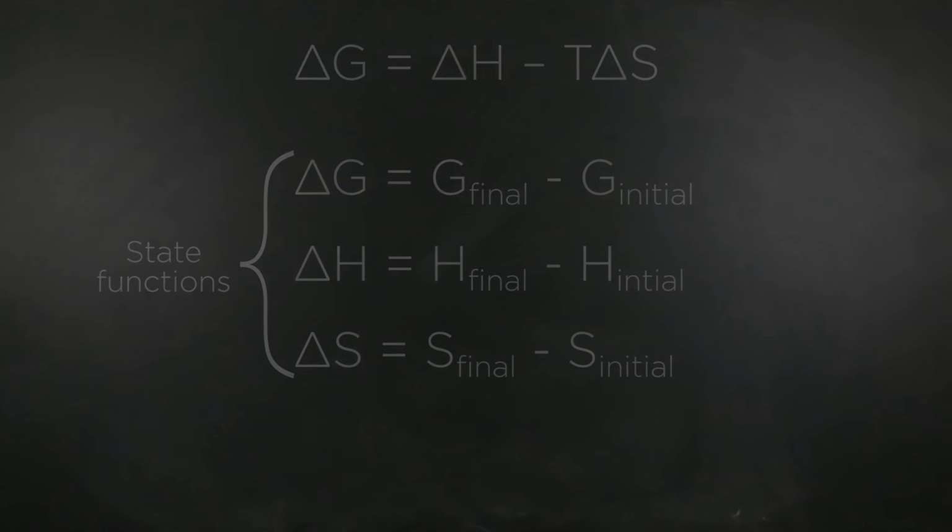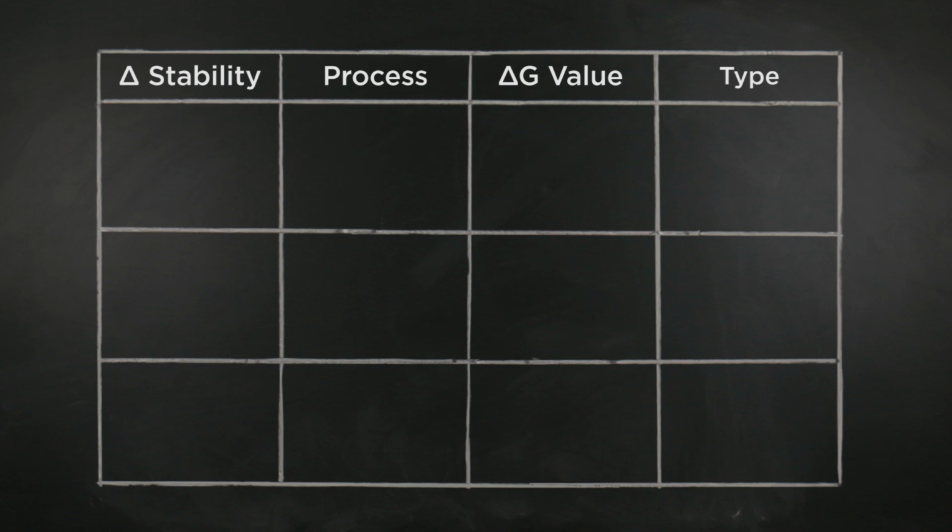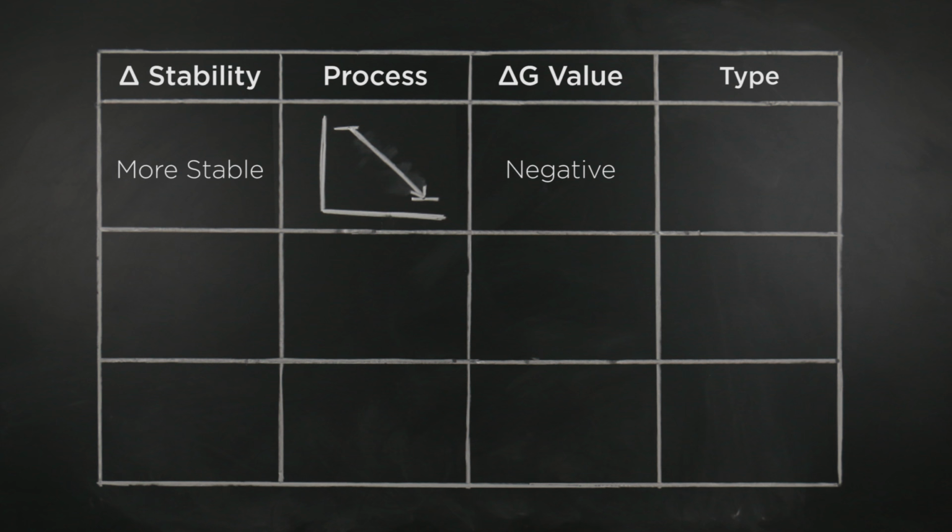Let's visualize these functions. Delta G gives free energy. Let's say that we have a process that starts at a high energy, less stable state, and moves to a state that has less energy and is more stable. Then, G final minus G initial is going to be less than 0. This negative delta G indicates a spontaneous process.